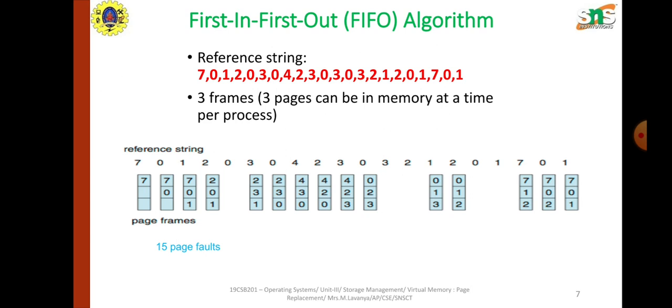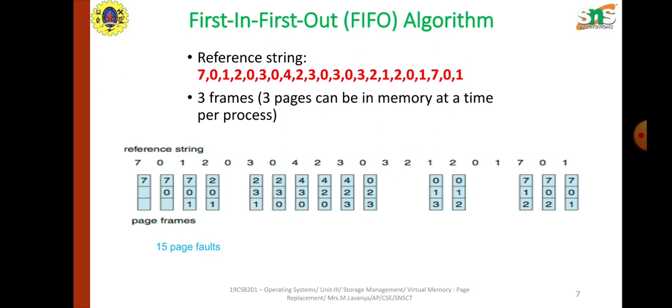Then when 2 arrives, all the 3 frames are filled with 7, 0 and 1. So now we have to replace a frame and add the value of 2 on that frame location. Here we have to select the victim frame. Since this is first in first out, the victim frame selection is based on the first arrival string.